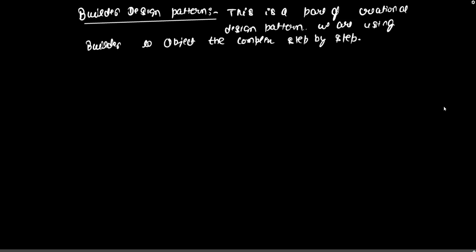Now when we are using builder, there are 2 points. The first one is when we have too many parameters to create the object.